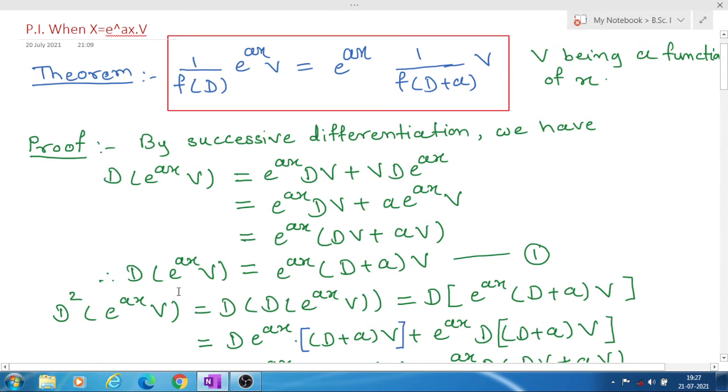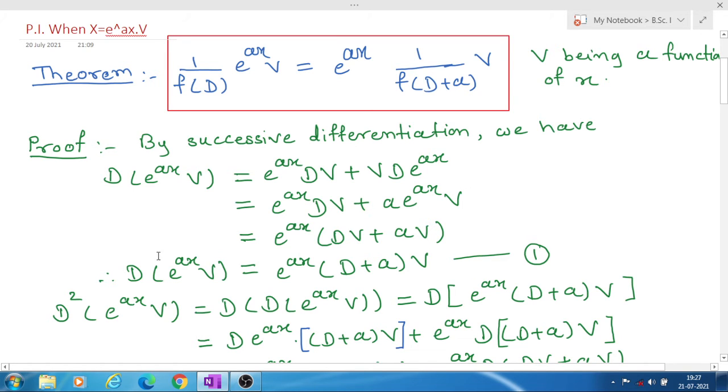As in earlier cases, e raised to ax and sin ax, cos ax, we found the derivatives first, then we operated f(D) on capital X, and then we got the formula.